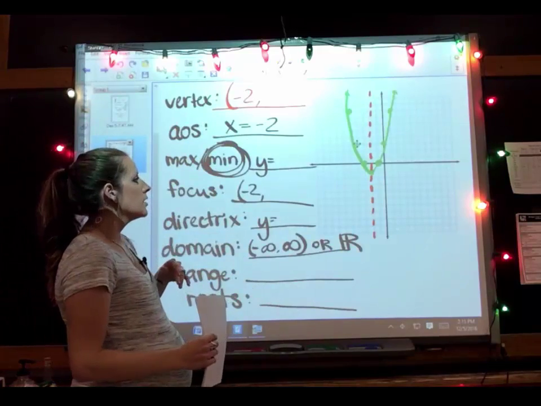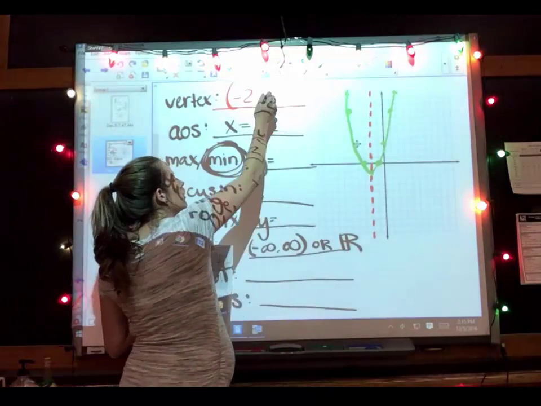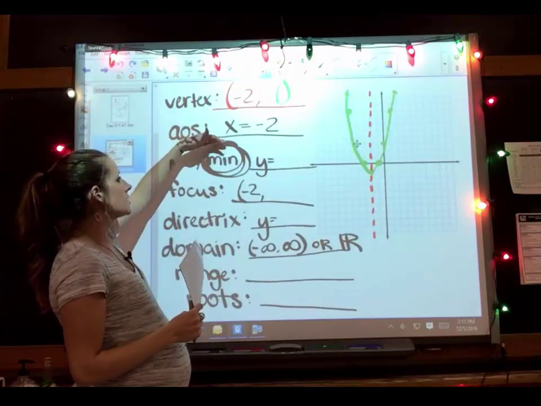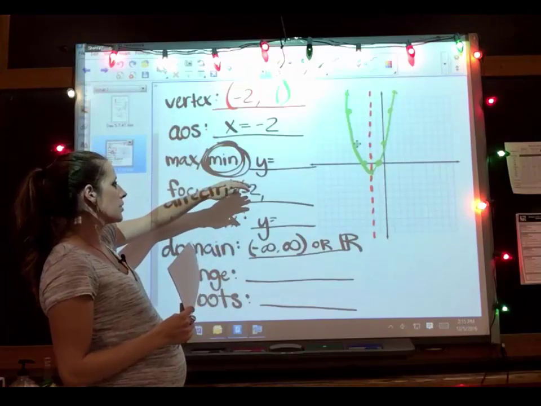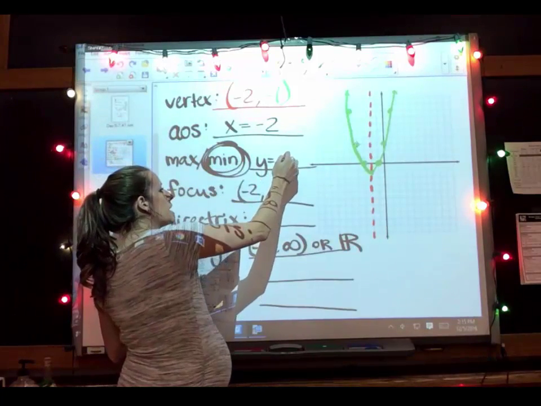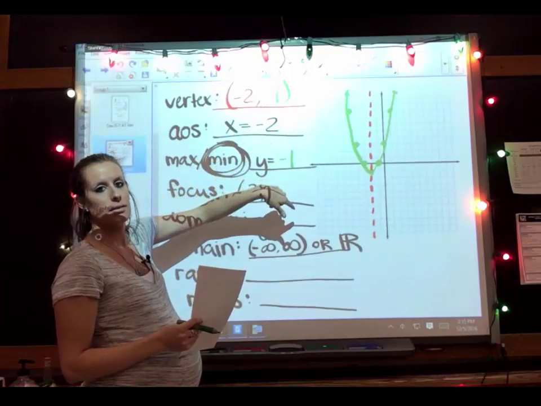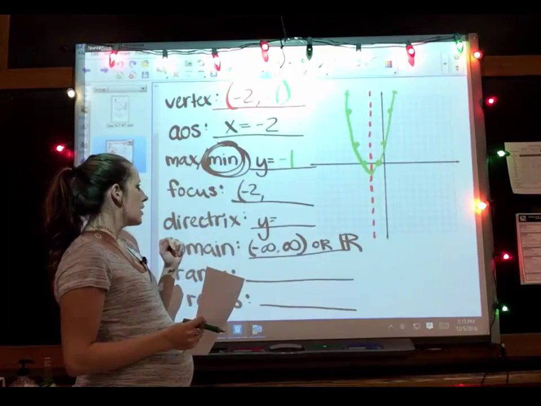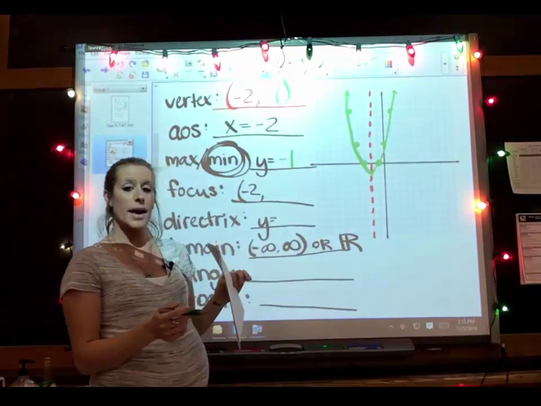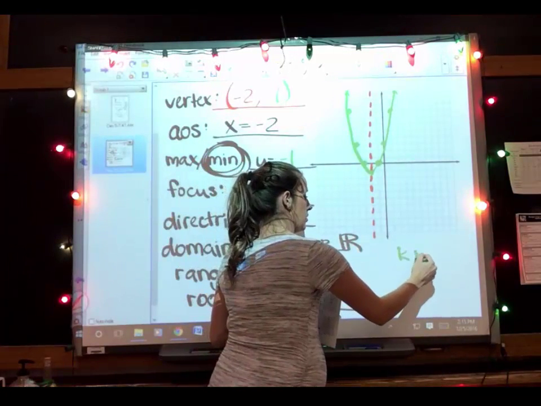So our vertex is -2, -1. We already found the axis of symmetry. We know it's a minimum value at y equals -1. It's just the y value of my vertex. The focus, if you remember, is k plus 1/4a, on the y value.